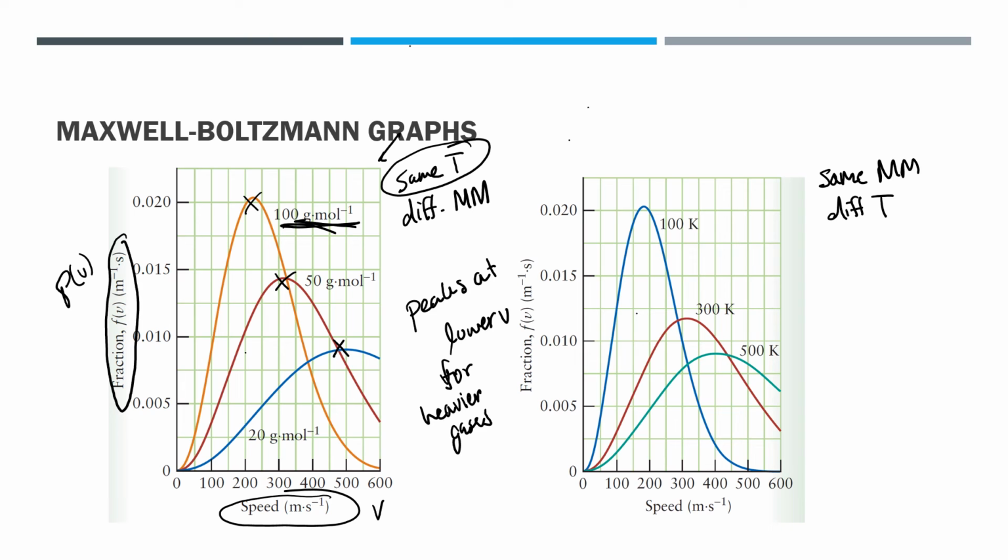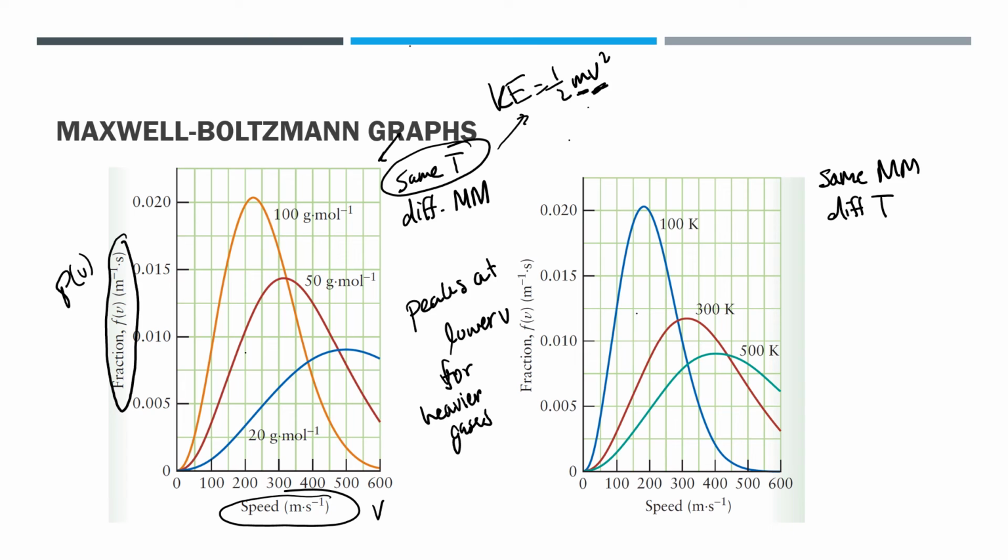Because mass plays a factor in the kinetic energy. Remember, KE is half mv squared. So at a single kinetic energy, at the same temperature, we have a lower velocity because we have a higher mass, right? So that's why this graph should sort of make sense. We have lighter molecules traveling faster at the same kinetic energy.